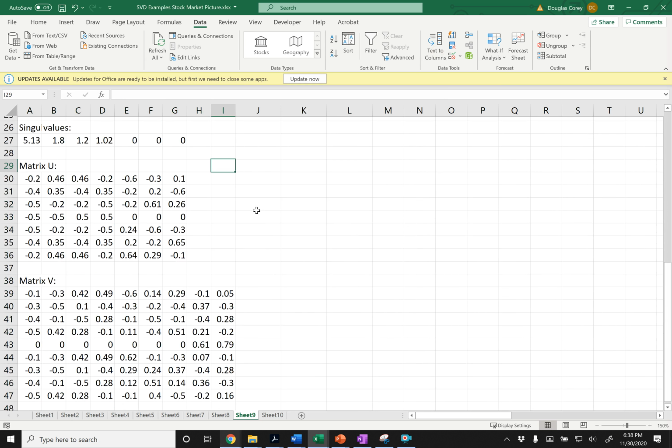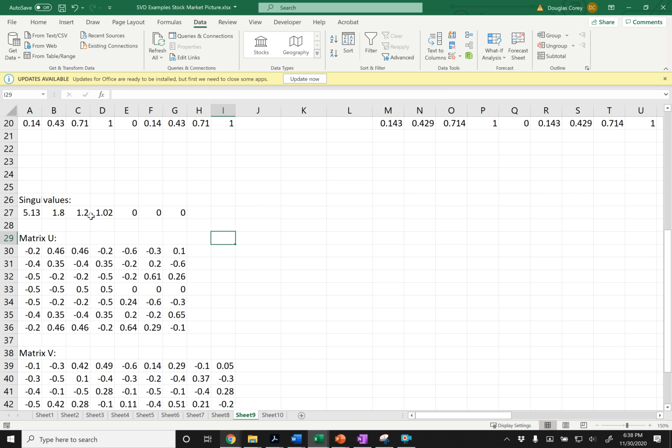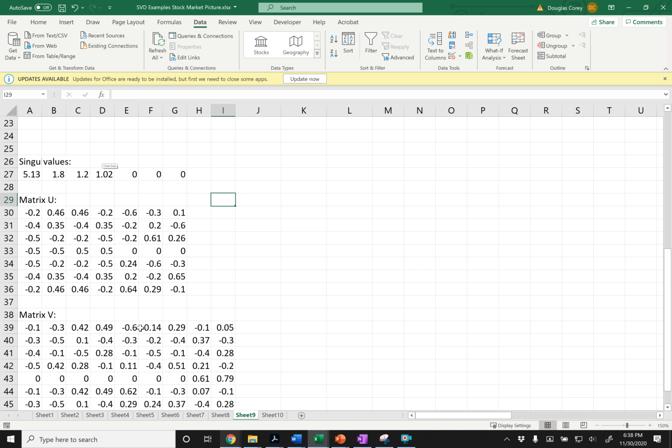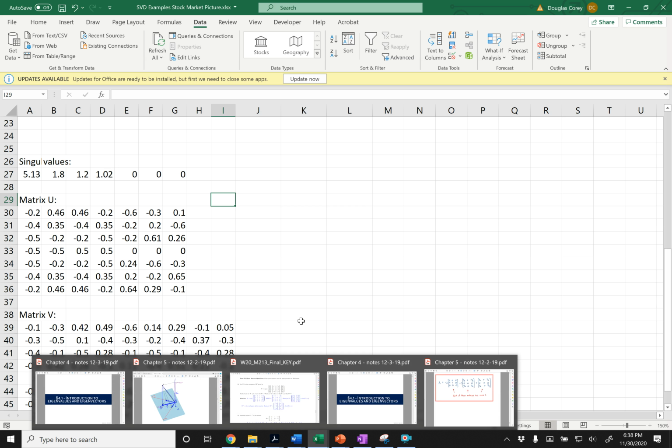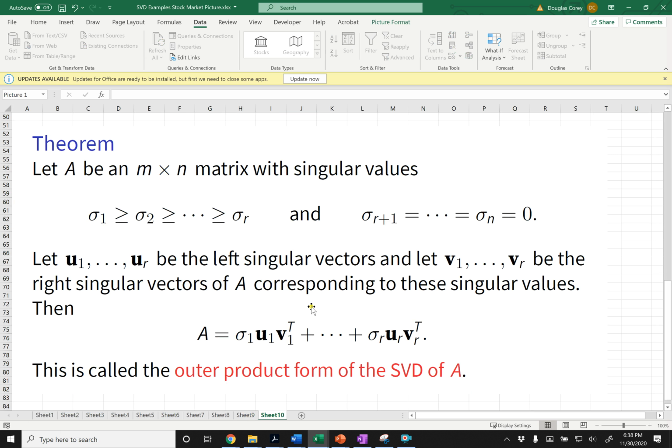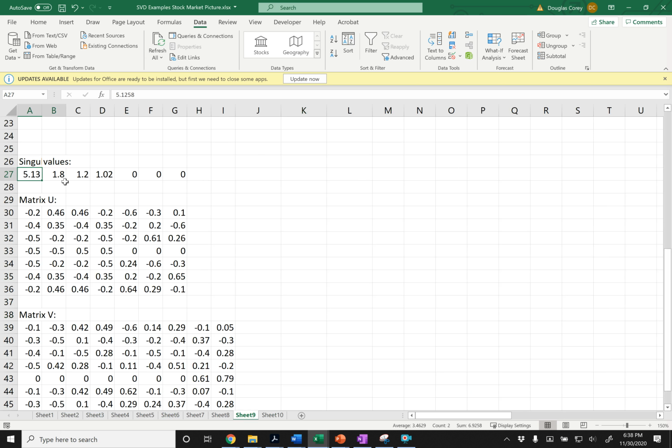So the singular value decomposition, it looks like there are three important pieces. You can think of these as the sigmas. Those are what are called the singular values. Those are right here.